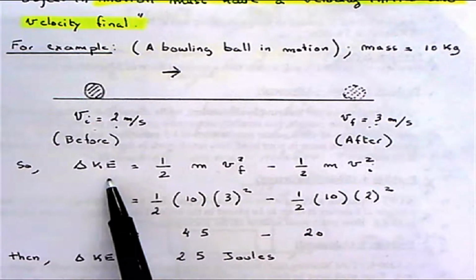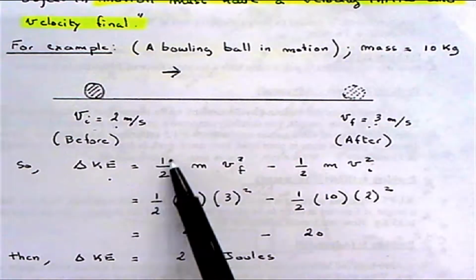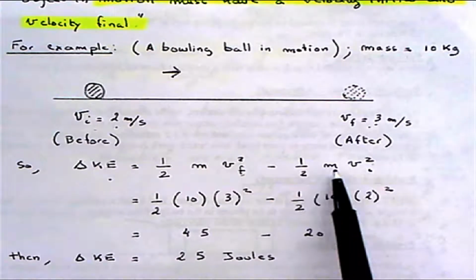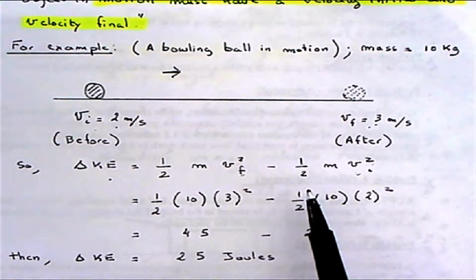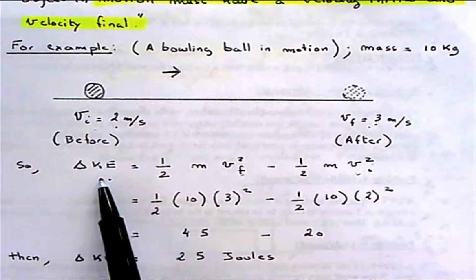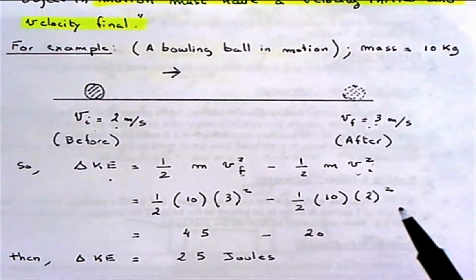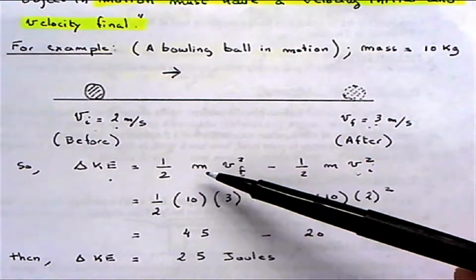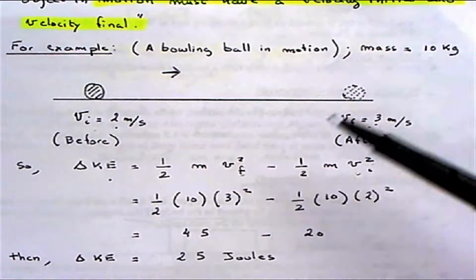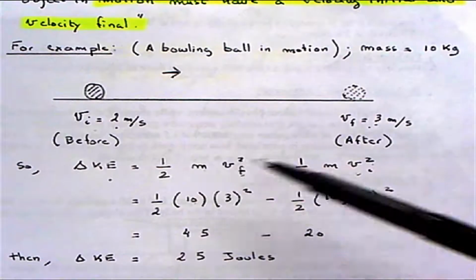You see this? So use the formula, which is 1/2 mv squared final minus 1/2 mv squared initial, which is the change in the kinetic energy, right? It's the formula from above. Now, what is the mass? Well, it's 10, and it's applicable for both of them.